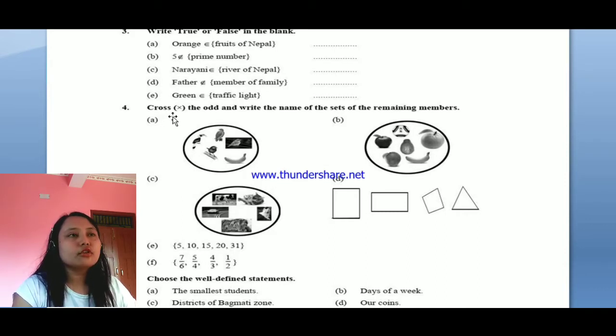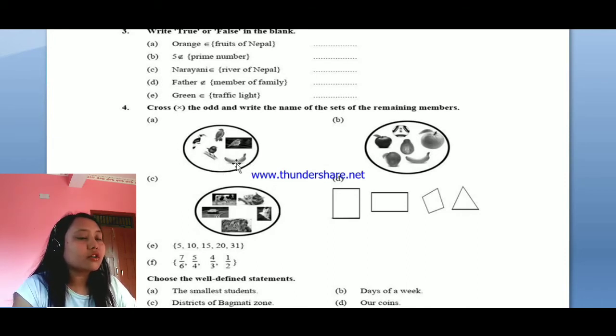In question number 4, cross the odd one out and write the name of the set of the remaining members. Crossing the odd one means, suppose in this set, all the pictures given here are of birds. Except this picture, all other pictures are of birds.